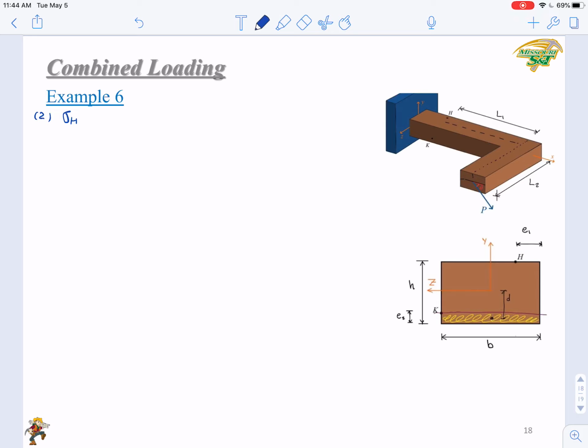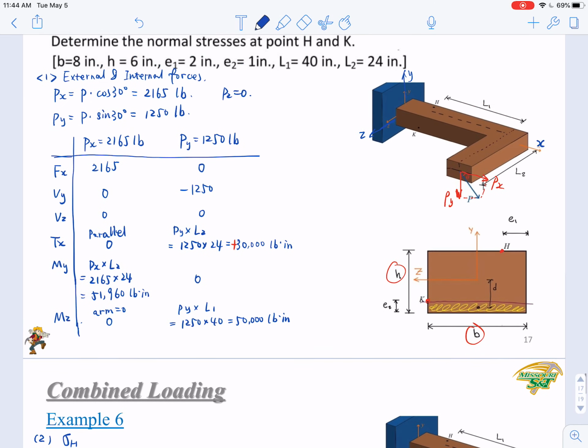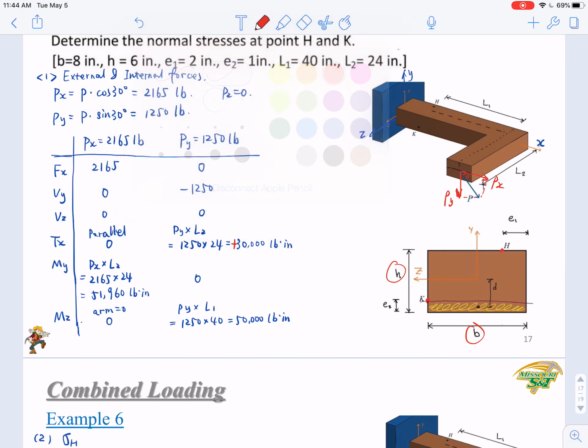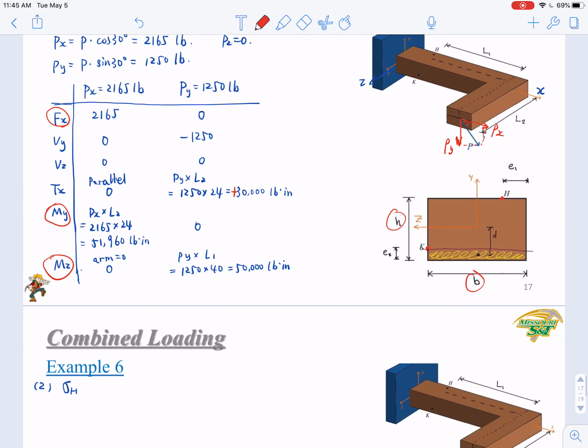Well, obviously 3 components. The first component is due to Fx, due to the normal loading, and the second one is due to My, and the third one is due to Mz. Right, the Tx will not make any normal stress. So only 3 internal forces are possible to make normal stresses at the 2 points. Right, we just need to determine these 3 things.